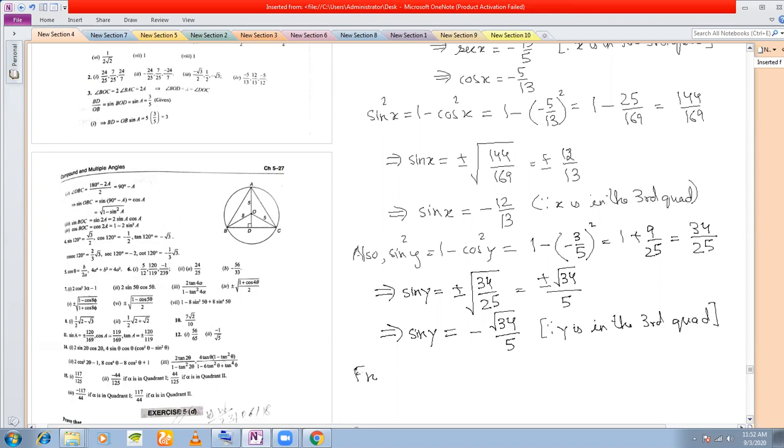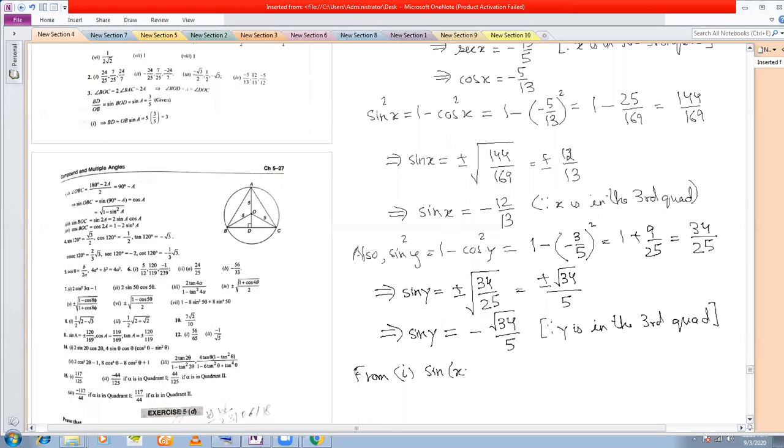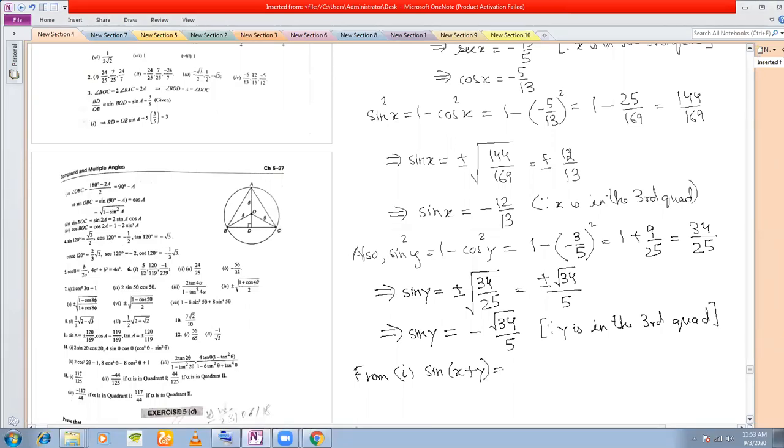From 1, sin of x plus y is equal to sin x cos y plus cos x sin y. I put in the values. Sin x here is minus 12 by 13.